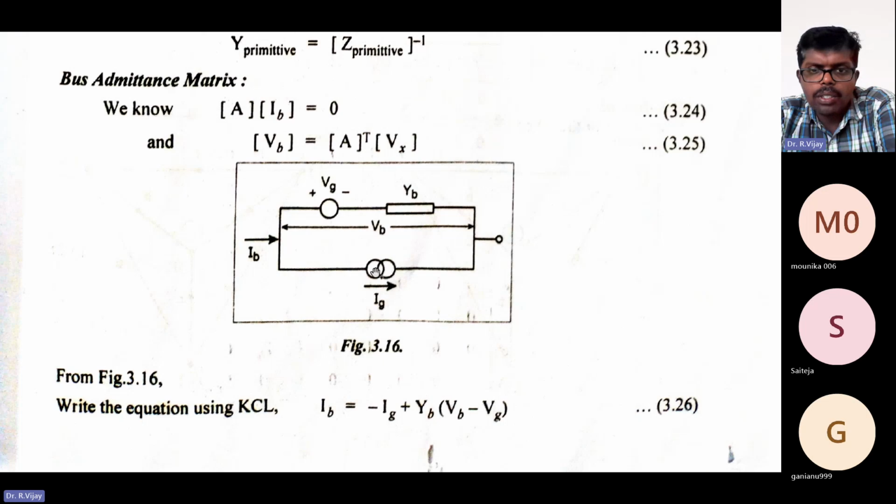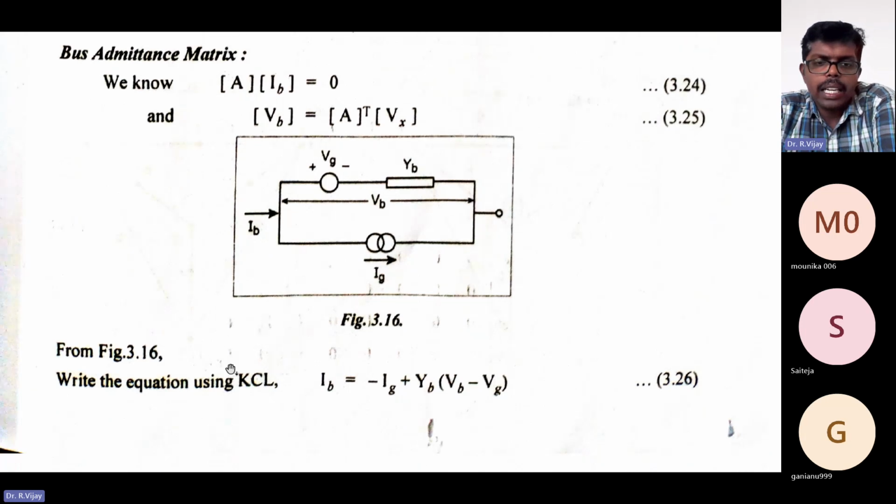Say for example, in the figure, we have one current source IG in this direction, and one voltage source in this direction, next to YB, the admittance. The voltage across this is VB, and here we are injecting the current IB. So here we write the KCL, using Kirchhoff's current law.